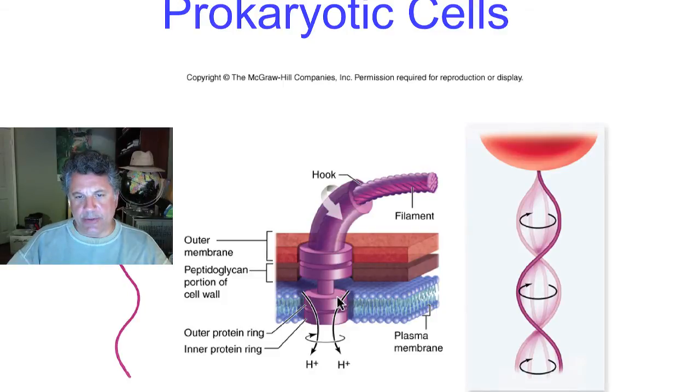And as these hydrogen ions flow through this protein complex, that causes a spinning, which then drives the spinning of these structures, which then twist the filament of the flagellum, and that causes a wave of rotation to move down the flagellum and propels the bacterium forward.